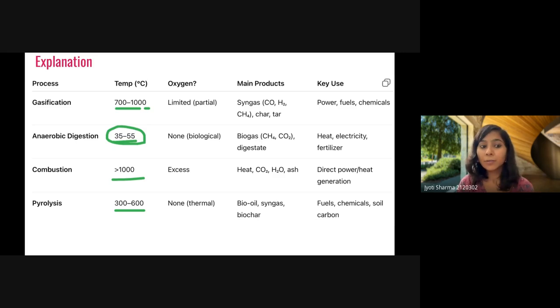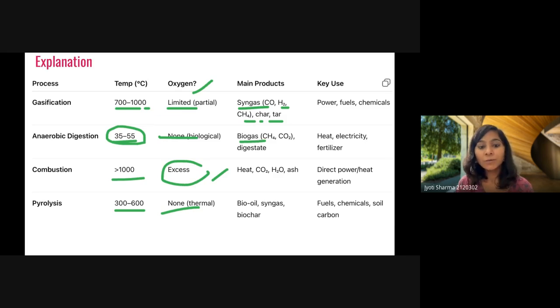For oxygen, in gasification we will have very limited oxygen. Anaerobic digestion and pyrolysis are in the absence of oxygen, and in combustion we need excess oxygen. Then the main product will be syngas, that is carbon monoxide, H2, CH4, char and tar. Anaerobic digestion gives biogas, which we already have in the question.